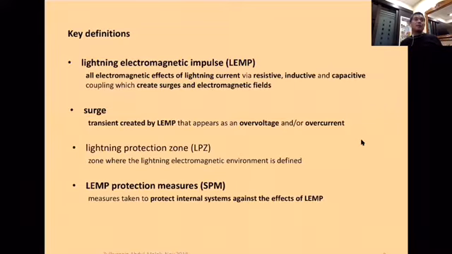If you have shielding from radiation, you can have the first zone, second zone, and so on by cascading the shielding. Or if you have conduction by surge, you can put SPDs at the first boundary, and then another SPD at the second boundary, and you have a second zone, and so on. LEMP protection measures, SPM, which is part 4 of the standard, are the measures taken to protect the internal system against the effects of LEMP.